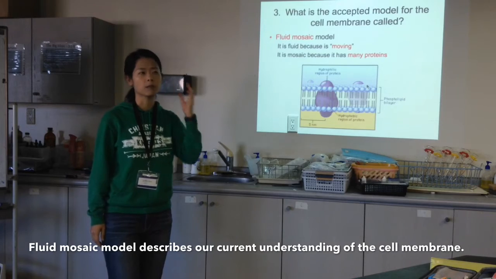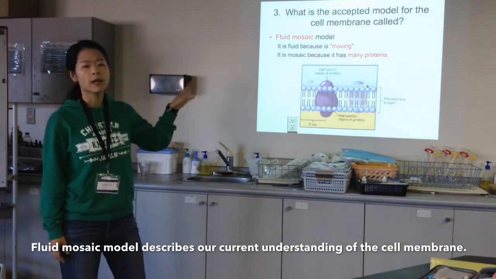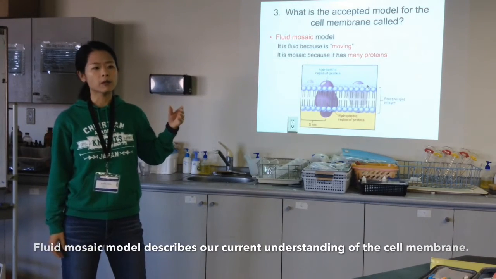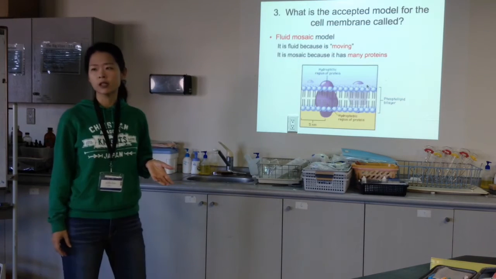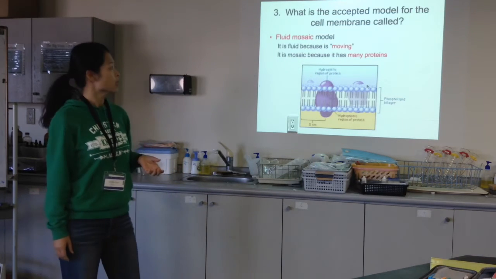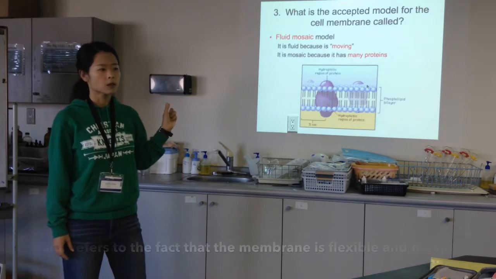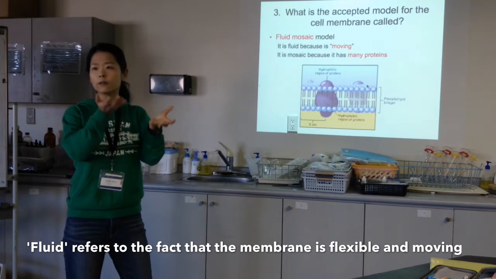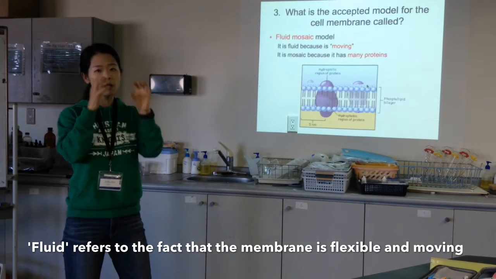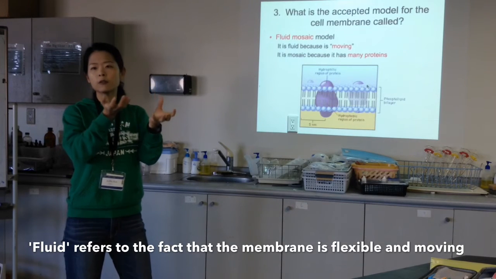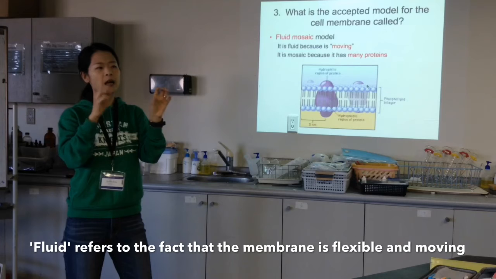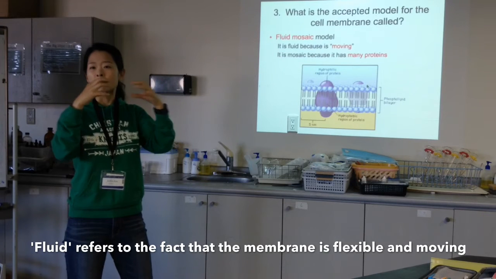What was their name? I forget. But they presented a model that best describes our understanding of the cell membrane, and it's called the fluid mosaic model. The word fluid means that it's flexible. The membrane is fluid. It's not static. It's not fixed.